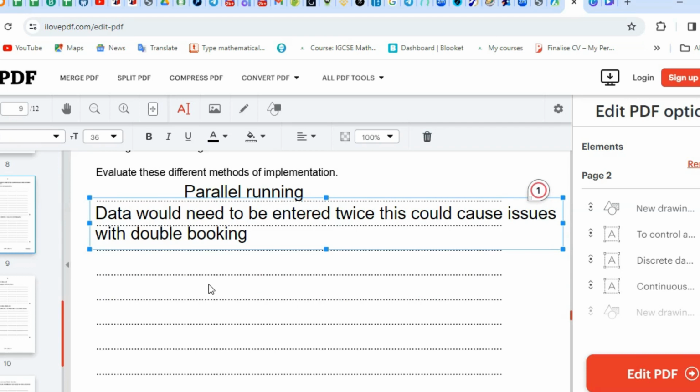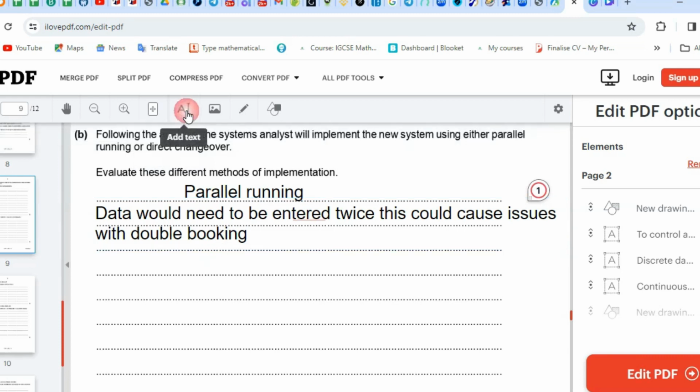Let's list two before we move on to direct changeover. Two, in parallel running, a system is always in place.